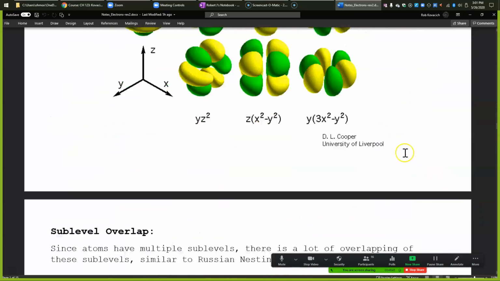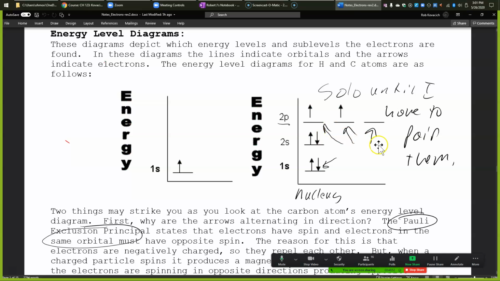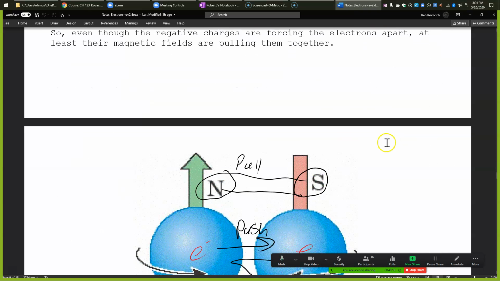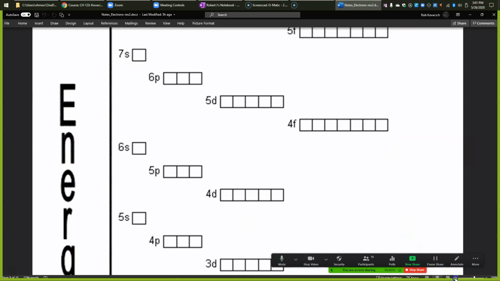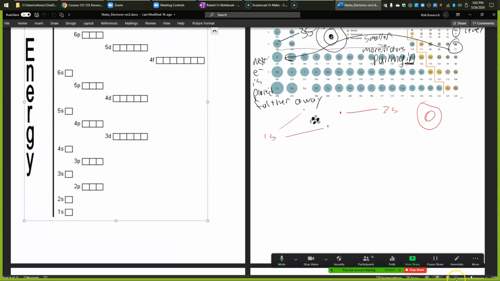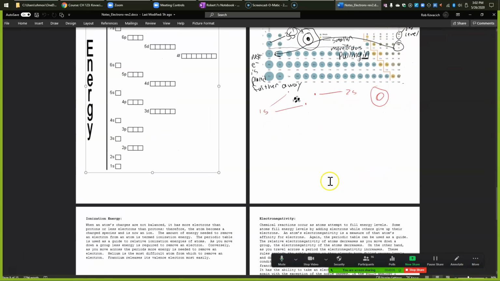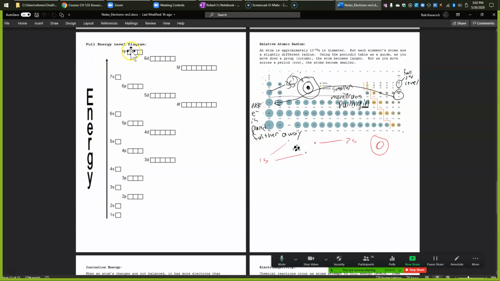Do you remember these energy level diagrams? This was an energy level diagram that was big enough for all of the atoms on the periodic table, and we know that because the biggest atom on the periodic table is in the 7p. And so there's my 7p up here.